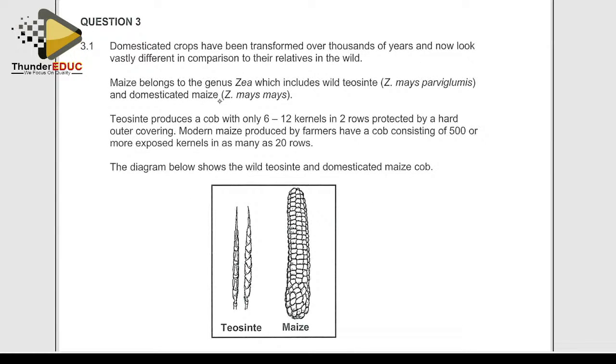They're saying that maize belongs to the genus Zea, which includes wild teosinte. Scientifically they know them as Zea. They say the wild plant produces a cob with only 6 to 12 rows, protected by a hard outer covering. Modern maize produced by farmers has cobs consisting of 500 or more exposed kernels.